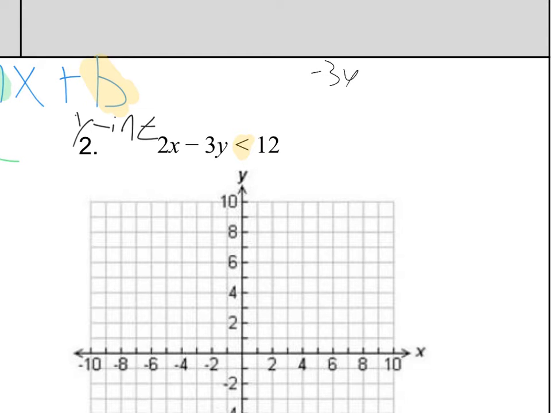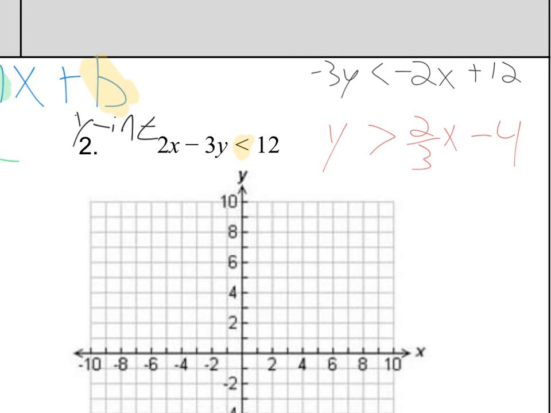So I've got negative 3y less than negative 2x plus 12. And then if I divide everything by negative 3, that would give me y, and then positive 2/3 x, because I divided by negative 3, minus 4. And since we divide by a negative, that symbol has to flip around.